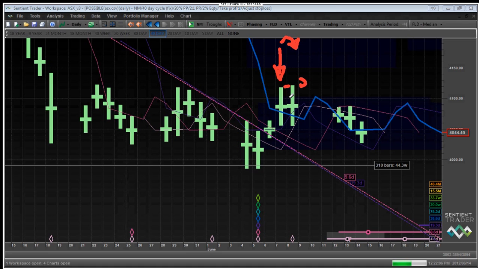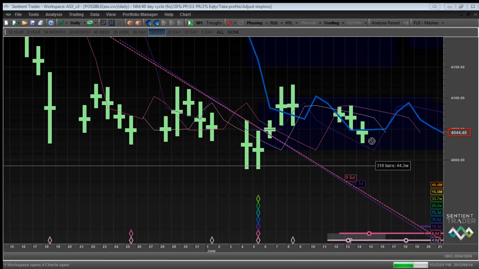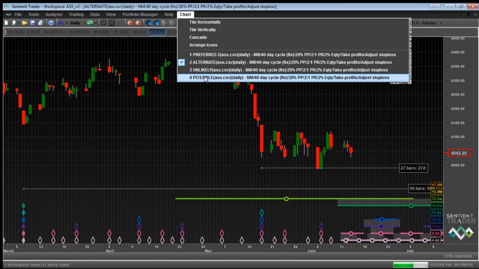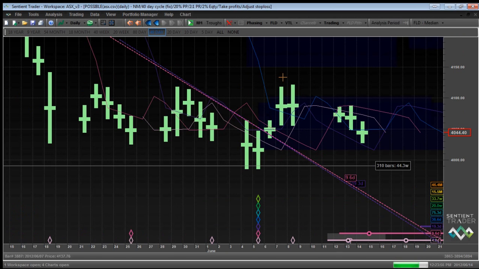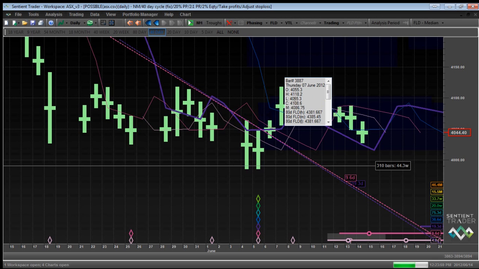So it is strongly recommended that you place your entry orders above the high of the previous day. And how much above it? Well, when your market is at about 4,100, which it is at the moment, I would place it probably one full point. In other words, let's in fact read these levels to make this a complete discussion.